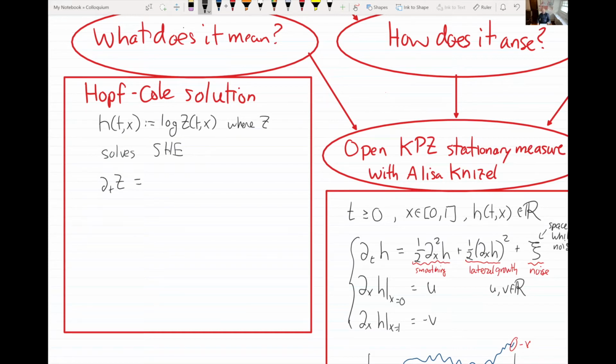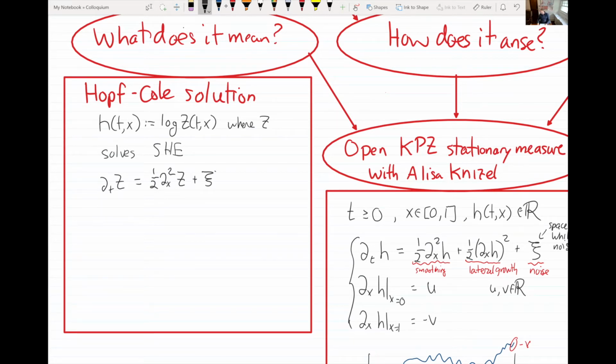The reason this is called the Hopf-Cole solution is if you've worked with things like the Hamilton-Jacobi or the viscous Burgers equations before, you know that for quadratic flux, there's a transformation, just an exponential transformation, that transforms you into a multiplicative heat equation, where the multiplicative term has to do with the forcing of the stochastic Burgers or Hamilton-Jacobi equations. And so this is the same transformation, but being applied with stochastic forcing, with random forcing.